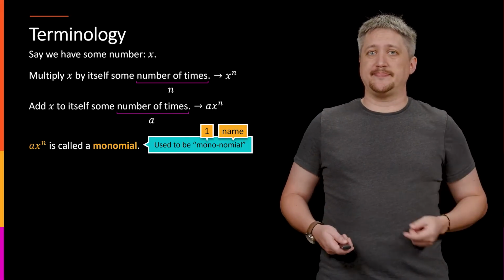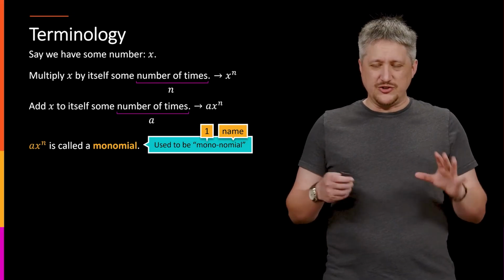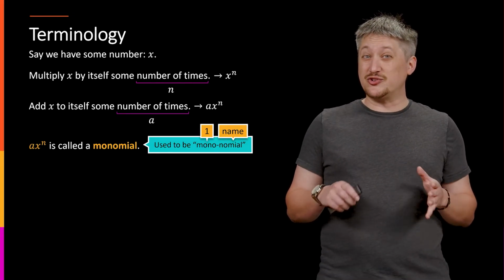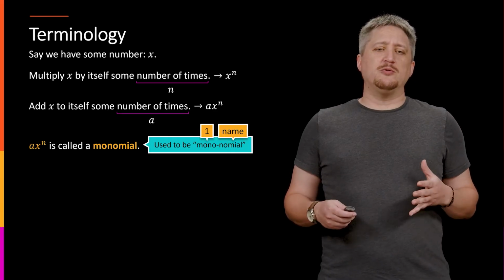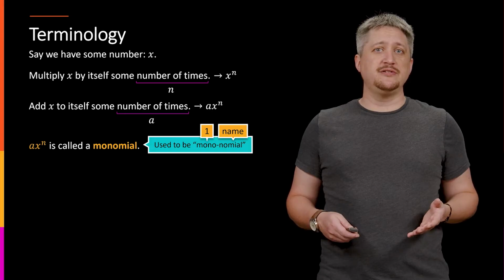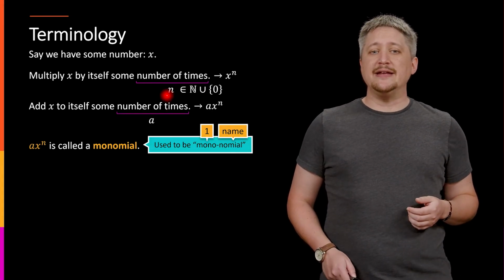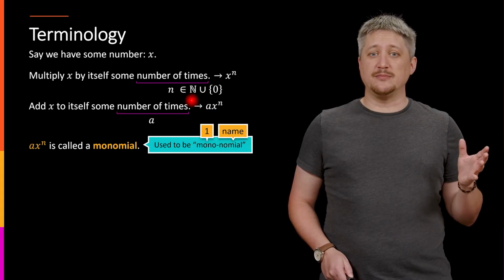It's one term. Now, as a note, we do want to make a little bit of a restriction here. In particular, we want to restrict our case to when we're using whole number powers and non-negative ones, right? So in particular, we want n to be a natural number or 0.